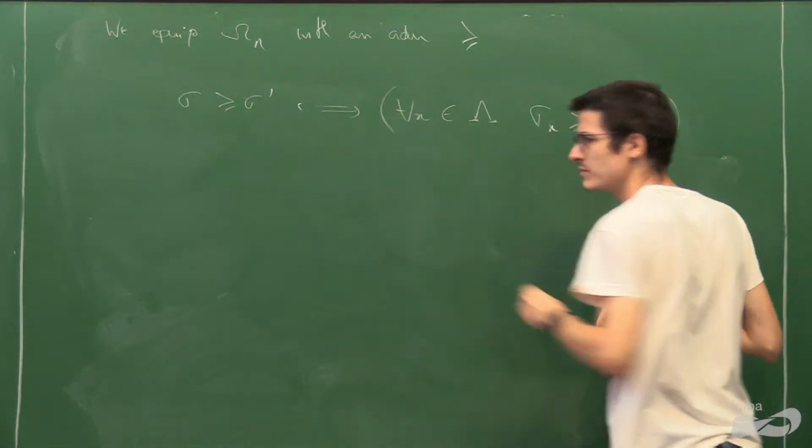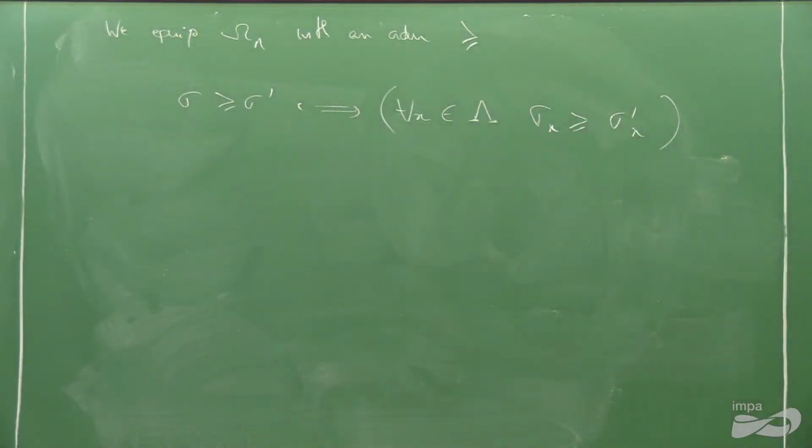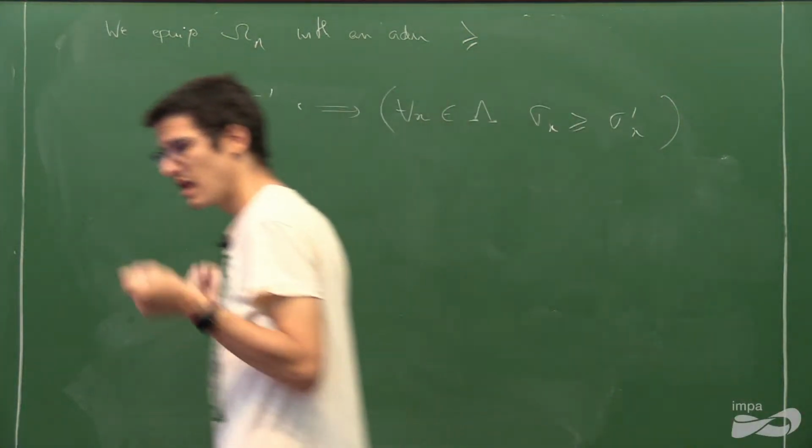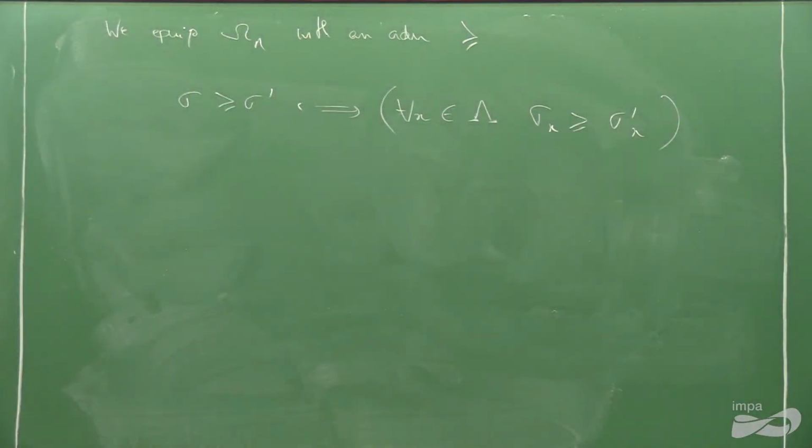First, we define an order on Omega_Lambda, which is just the coordinate order. It's a partial order. A configuration is larger than another configuration if at all coordinates the spin is larger.